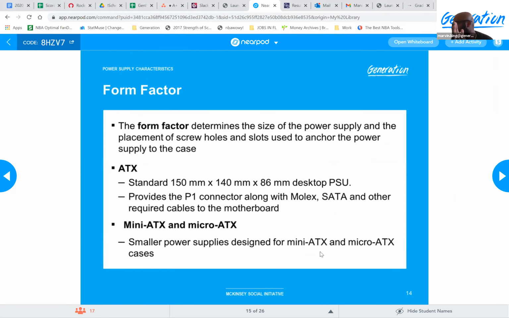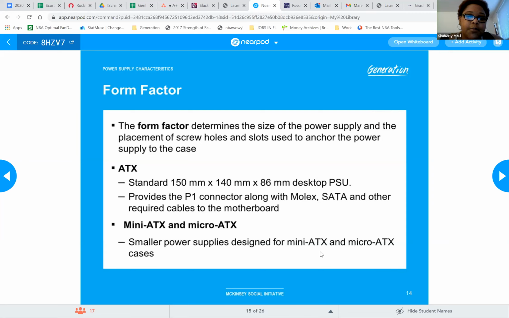Form factor, Kimberly, if you don't mind, ma'am. The form factor determines the size of the power supply and the placement of screw holes and slots used to anchor the power supply to the case. ATX standard is 150 mm by 140 mm by 86 mm.